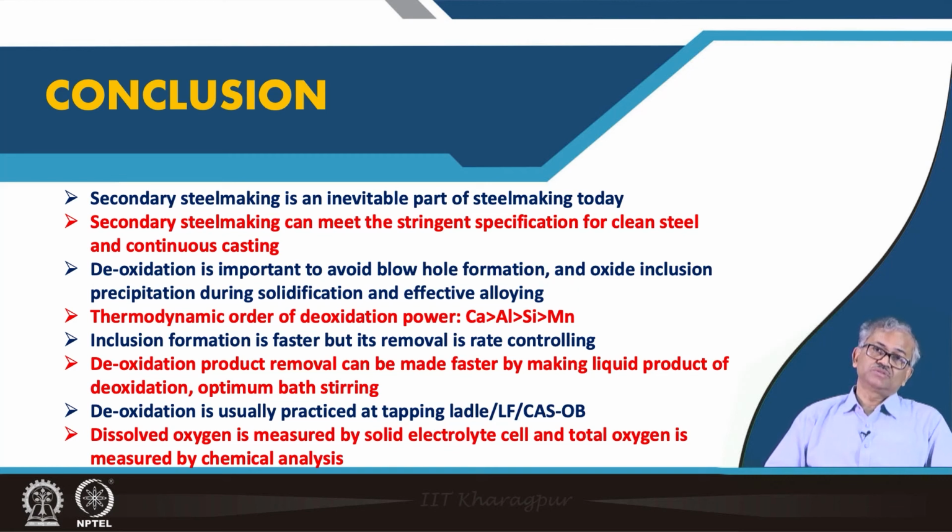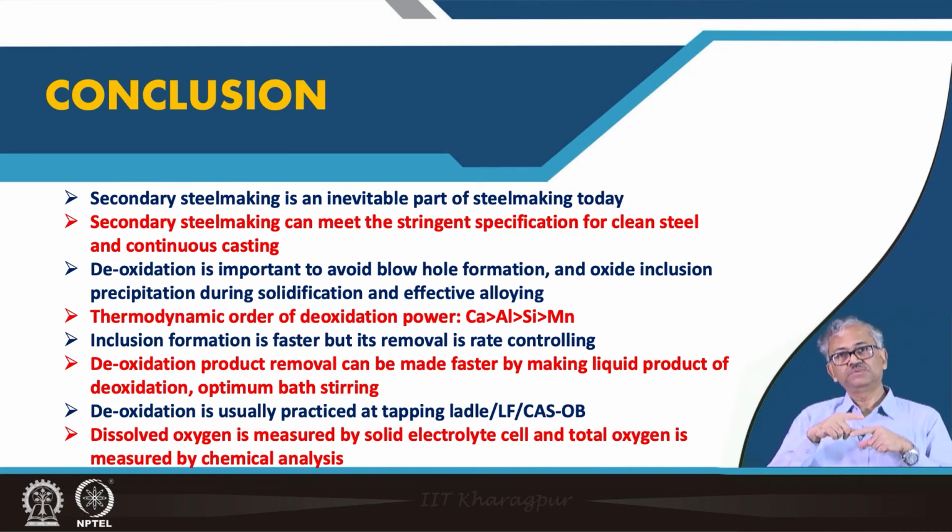But we have said also that the speed of recirculation should be optimum. If it is very fast, then the inclusions may be re-entrained into the liquid. They may not get sufficient chance to go into the slag. So, there should be an optimum circulation.